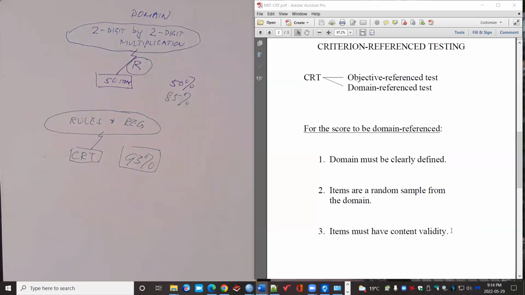All right, good. Now, what is CRT used for?